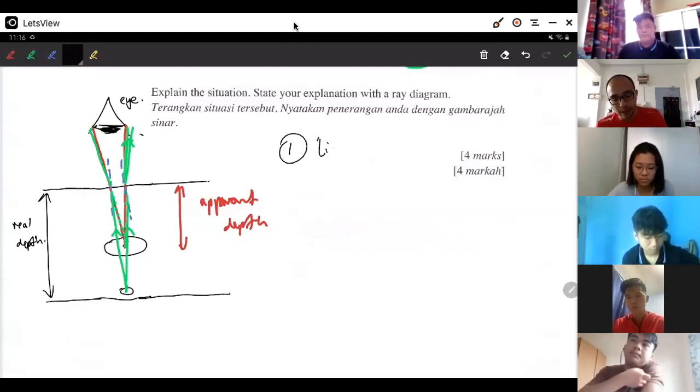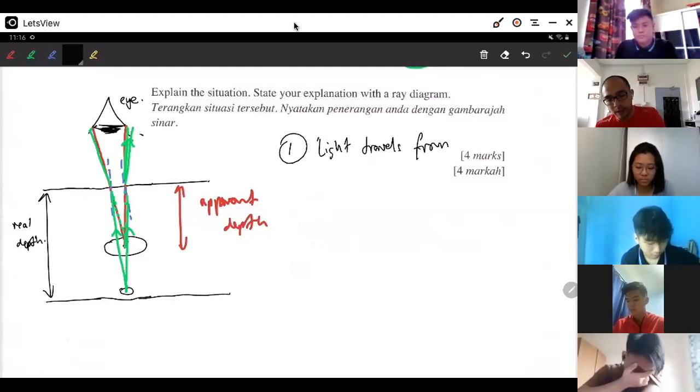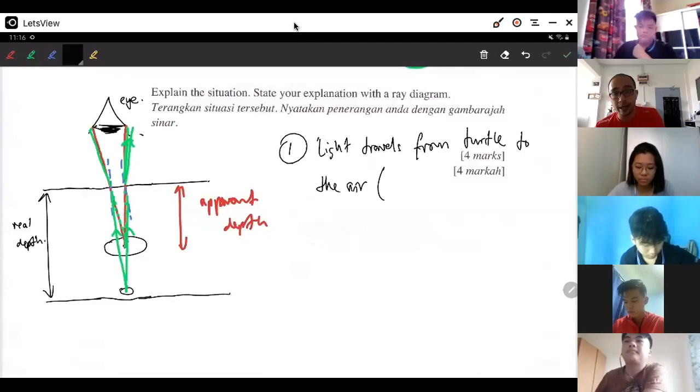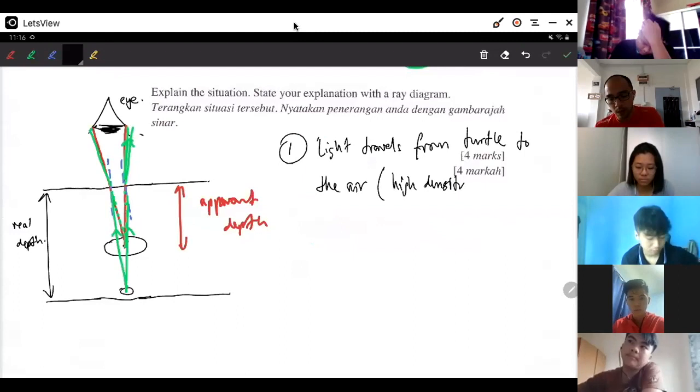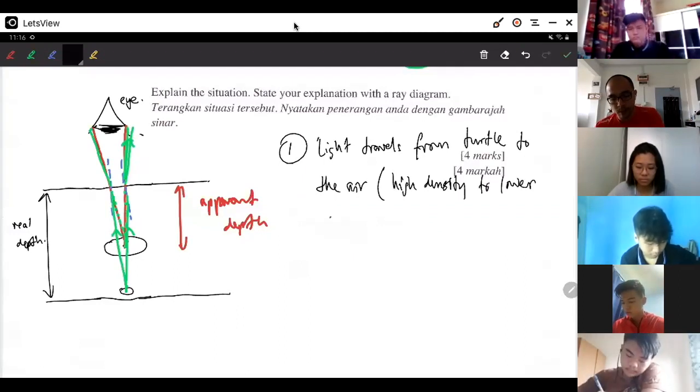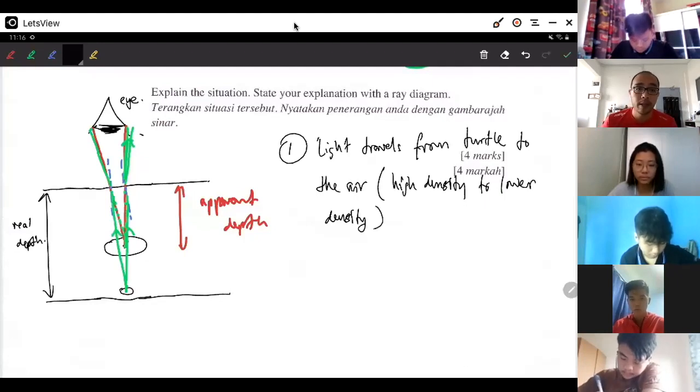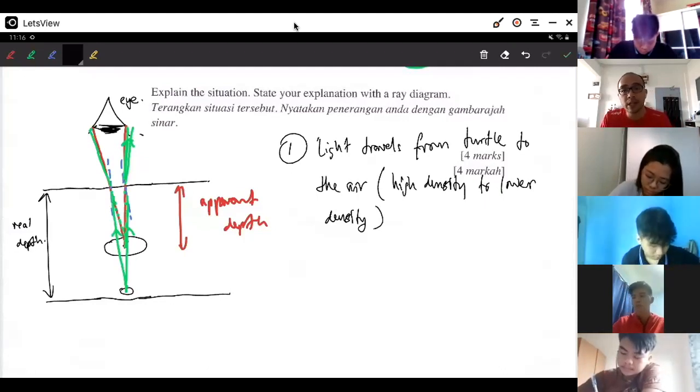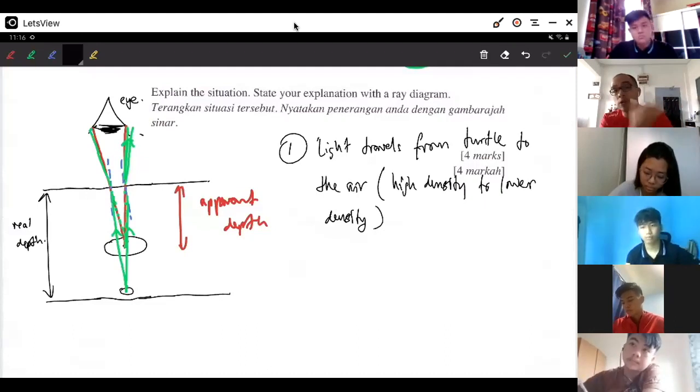So light travels from the turtle to the air, otherwise known as high density to lower density. Okay, that's the first mark. It is basically a refraction explanation. In all refraction explanations you can always talk about where light goes to.